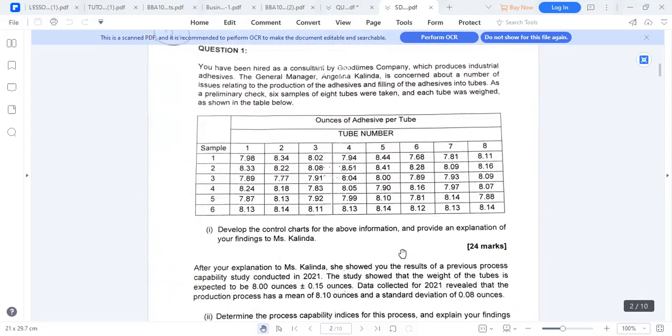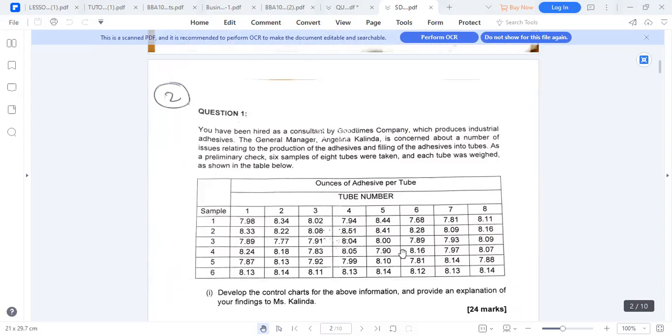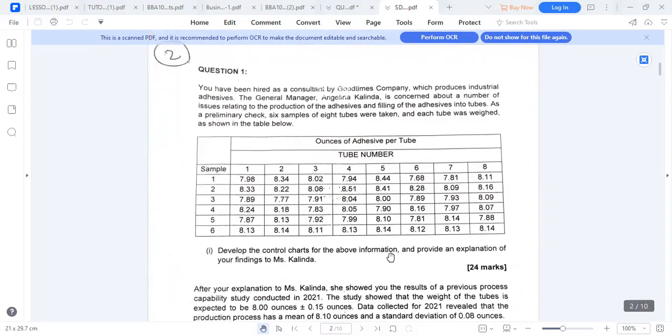Now, there is this question 1, which says you have been hired as a consultant by Good Times Company, which produces industrial adhesives. The general manager, Angelina Kalinda, is concerned about the number of issues relating to the production of the adhesives and the filling of the adhesives into tubes. As a preliminary check, 6 samples of 8 tubes were taken, and each tube was weighed as shown in the table.